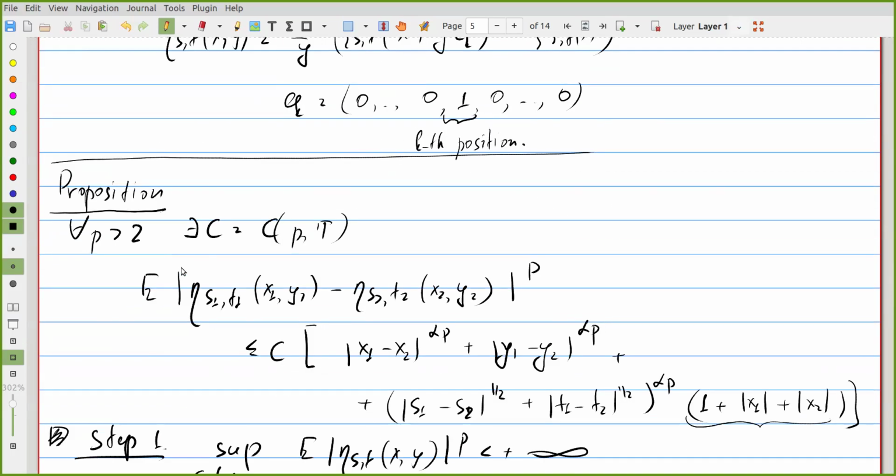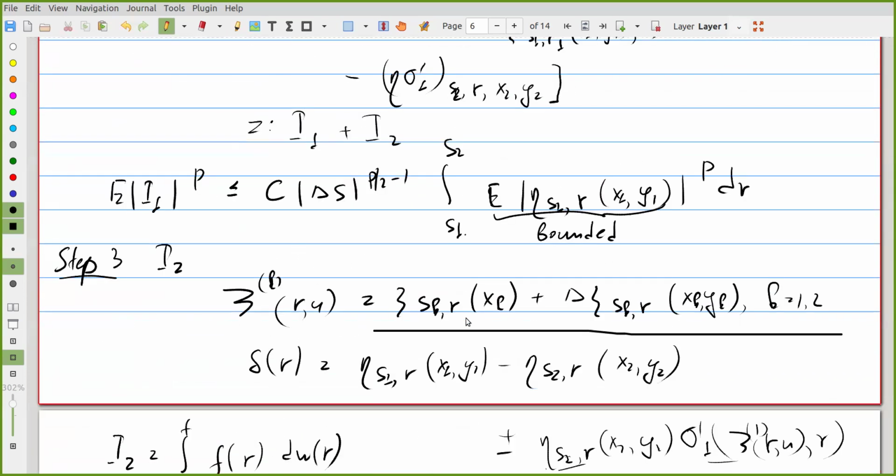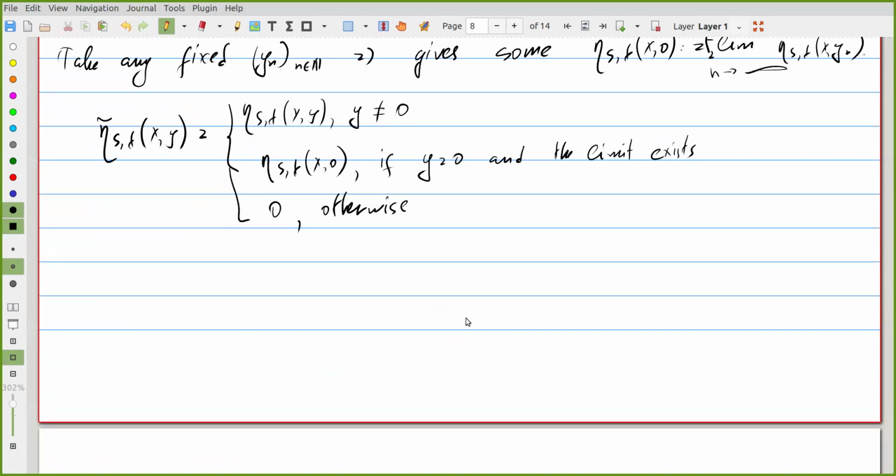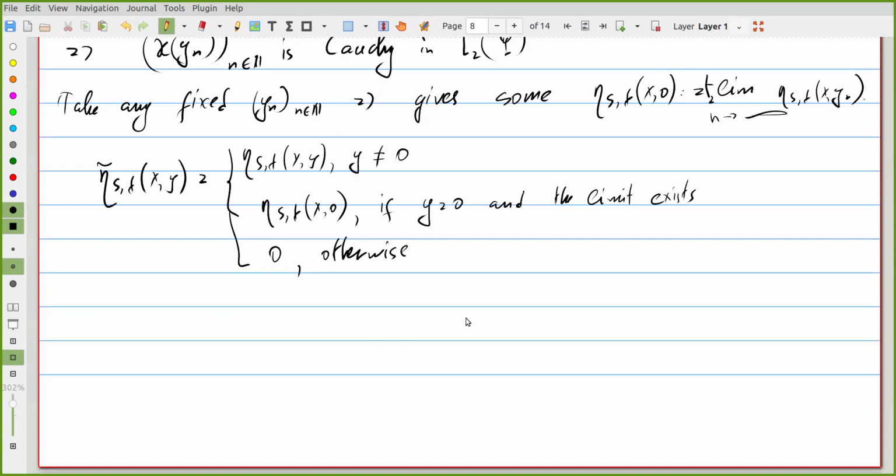This is true because this estimate holds for y1 and y2 before they hit zero, but by continuity of these expressions, it is going to hold also for y1 equal to zero or y2 equal to zero, or them being equal to zero simultaneously. So it's about the Kolmogorov-Chentsov criterion because it doesn't impose many assumptions on the joint measurability of the process you consider.